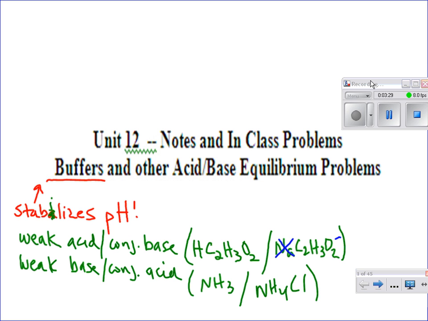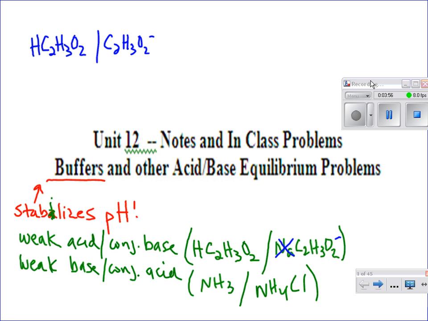Now, why do buffers help stabilize pH? Well, it's pretty simple. Let me just use one of these systems. Let's pretend you had acetic acid in your blood, which you don't, but you had that buffer. So let's say I took one of you into my scary lair and injected you with acid.